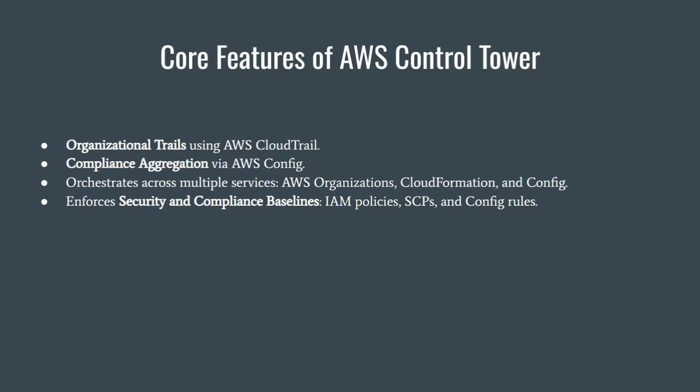The key benefit here is that Control Tower orchestrates these activities across multiple AWS services, allowing you to focus on building and deploying workloads rather than managing accounts and governance manually. It applies security and compliance baselines through IAM policies, service control policies (SCPs), and AWS Config rules.